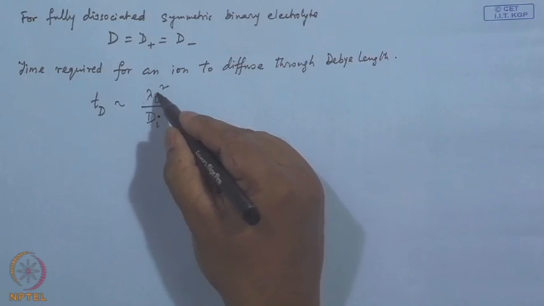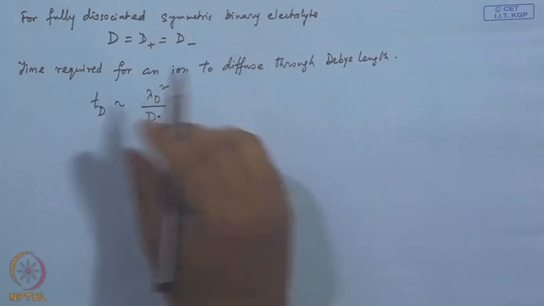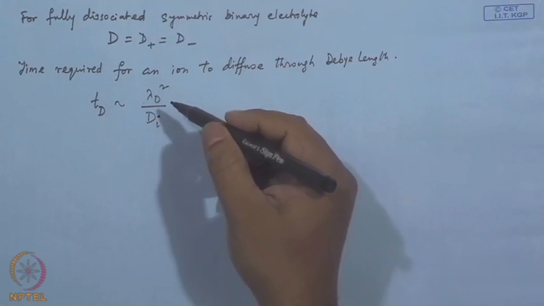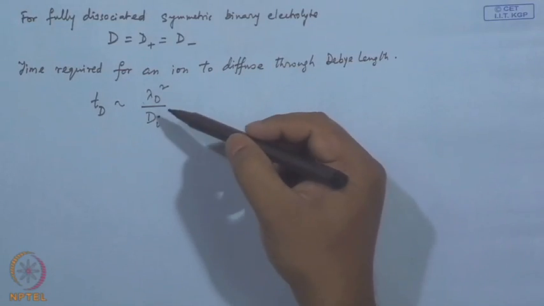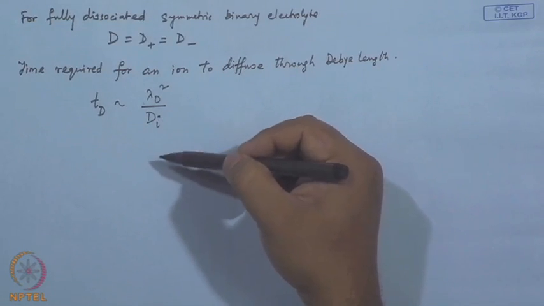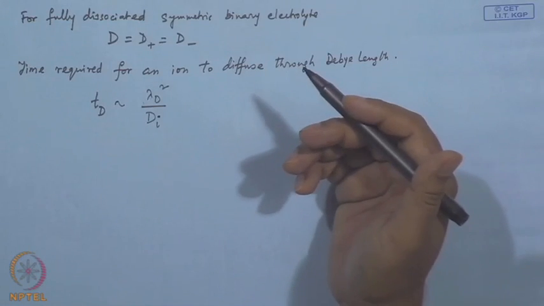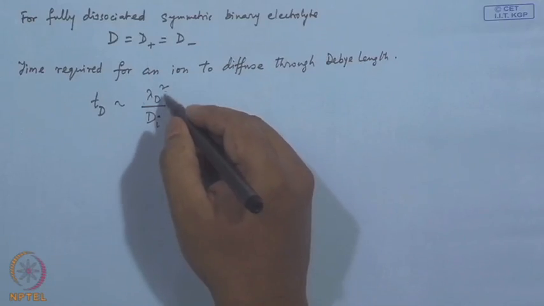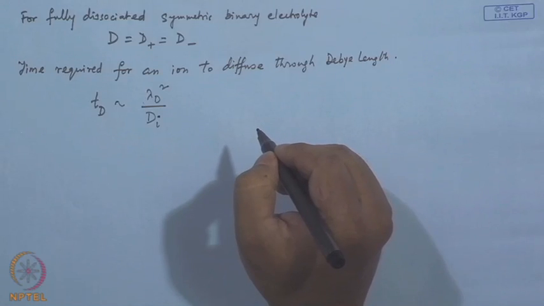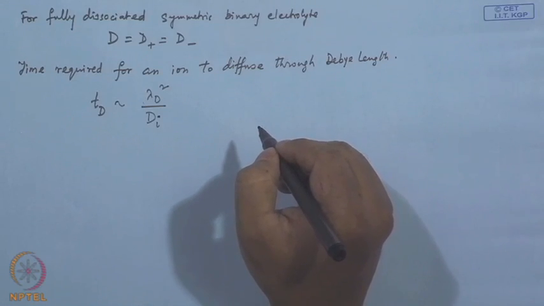Basically we are talking about a length scale and the velocity at which the ion goes through it, and from that we find the order of the time required for an ion to go through this distance. So that is lambda d square by D I.